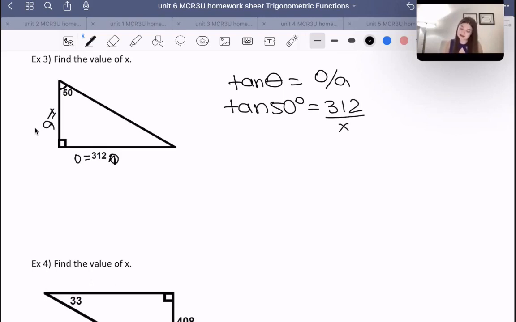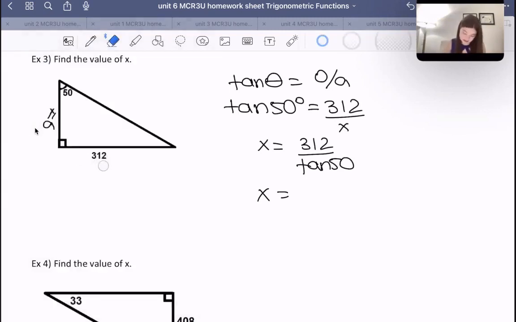Okay, next I'm going to swap x and tan 50. So I'm going to cross multiply the x over to the left and the tan 50 down to the right. So x is equal to 312 divided by tan 50. And let's find out what that is. Again, we are expecting this to be a bit less than 312 still.